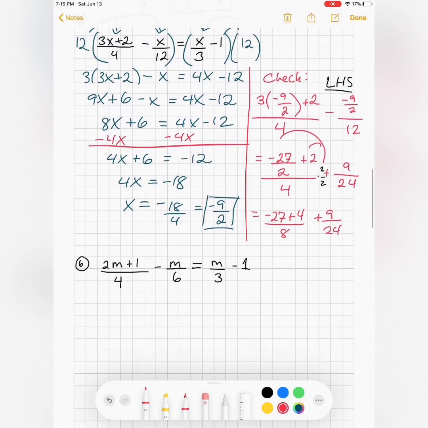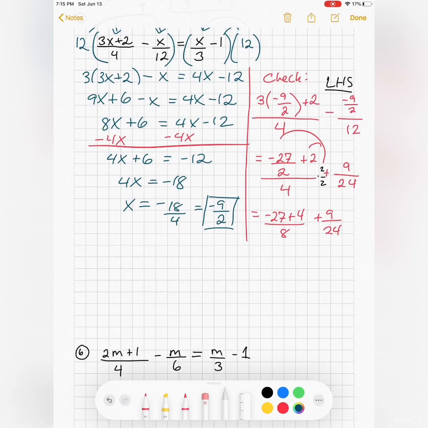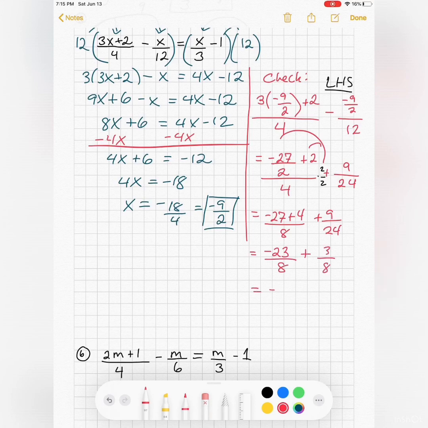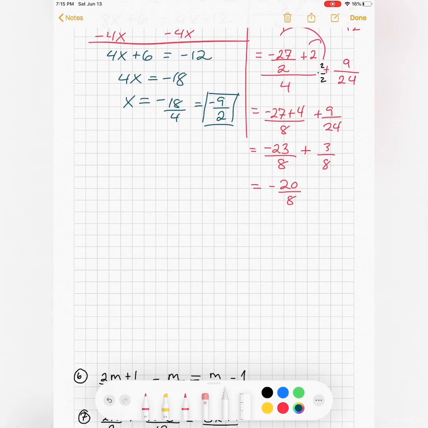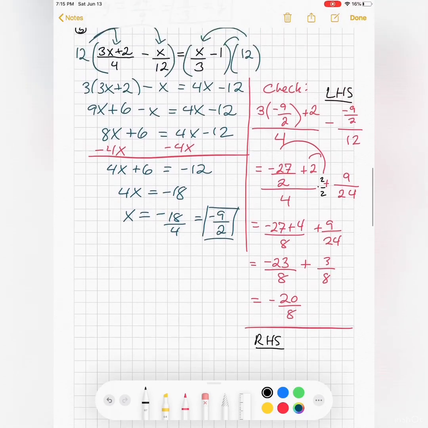This is a harder one, huh? Let's see, divide by 3. Phew, so that's the left-hand side. So now I have to look still at the right-hand side and make sure I get the same thing.